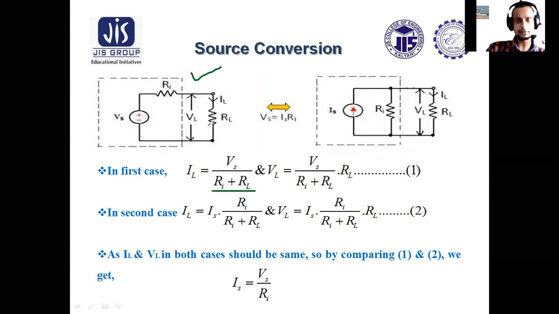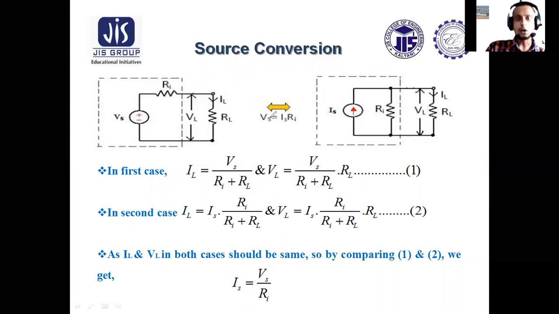For a series circuit, the output voltage or load voltage VL can be found by the voltage divider rule. So VL equals total voltage Vs into the resistance across which we are determining the voltage, that is RL, in the numerator, divided by the sum of the resistances, as per the voltage divider rule.